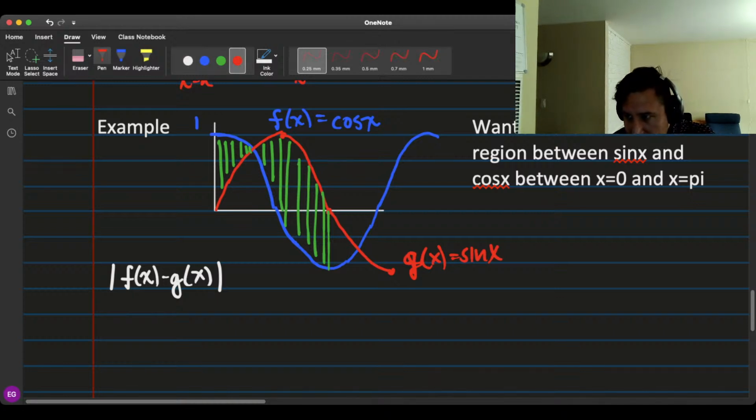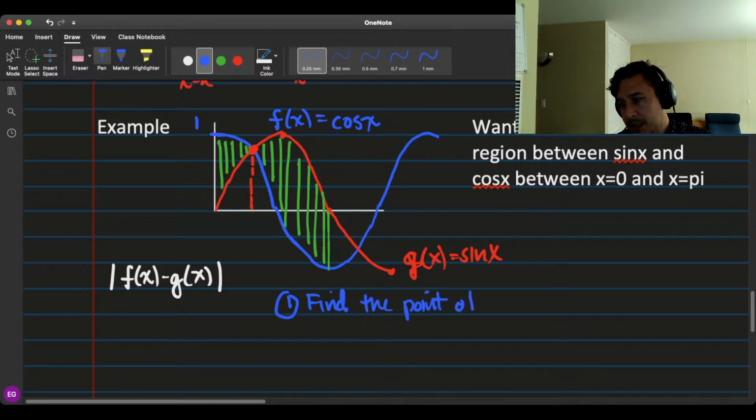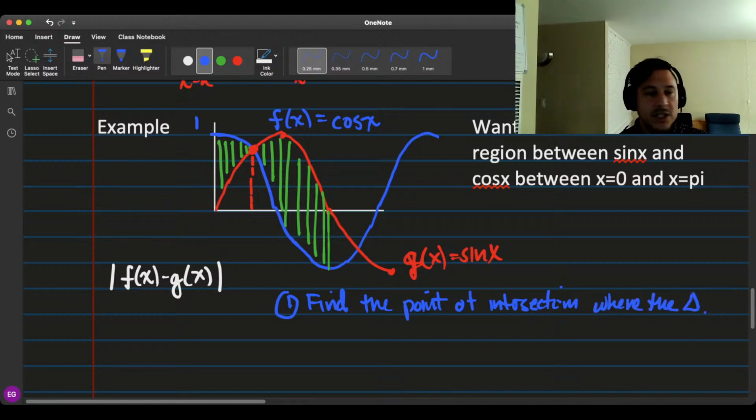Notice that where the roles change is at their point of intersection. So you should find the point of intersection where the change occurs. The delta means change.